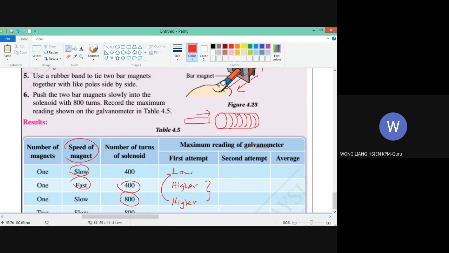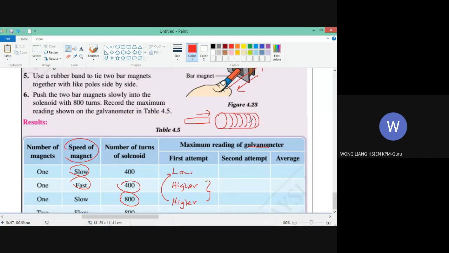That means every single coil will have induced EMF inside it. And all of these coils are connected in series, because they are all one single wire. One long wire that you wound becomes many coils. So each and every coil is connected in series.